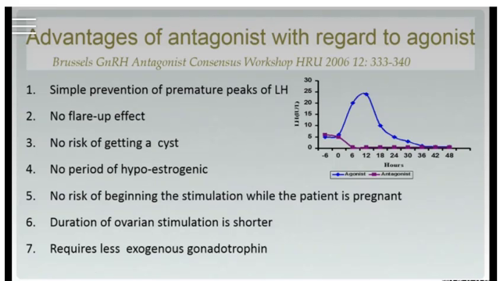In the meta-analysis, the authors show multiple advantages: simple prevention of premature peaks of LH, no flare-up effect, no risk of getting a cyst, no hypoestrogenic period, no risk of beginning the stimulation while the patient is pregnant, shorter duration of ovarian stimulation, and requires less exogenous gonadotrophin.